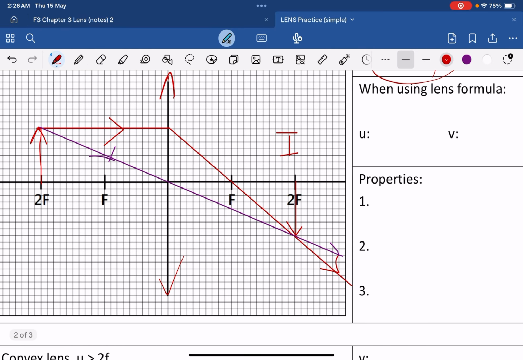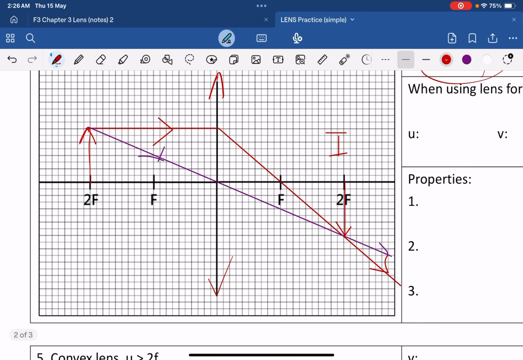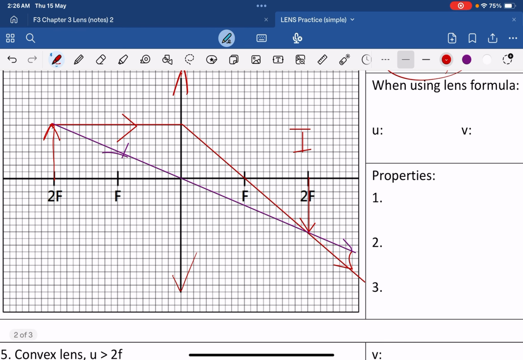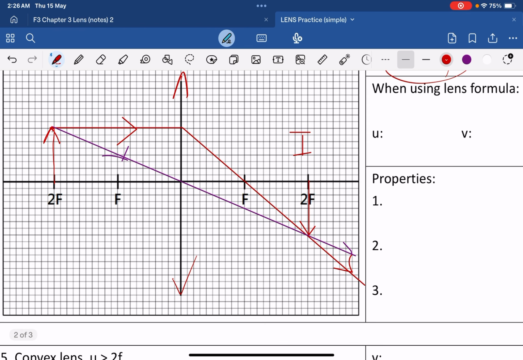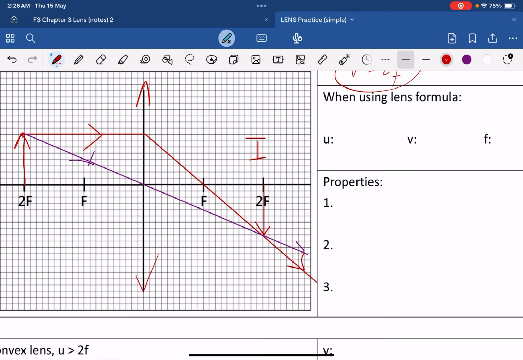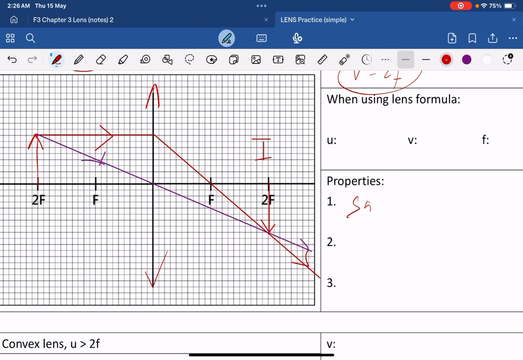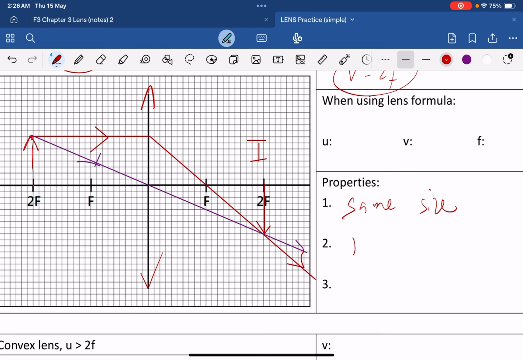Okay, for the property, can you compare the size of the image and the size of the object? Same, right? So same size. Inverted. And also a real image.